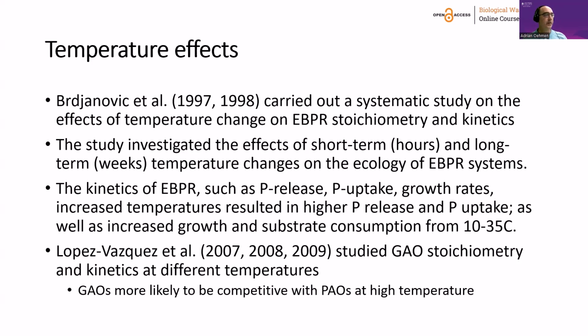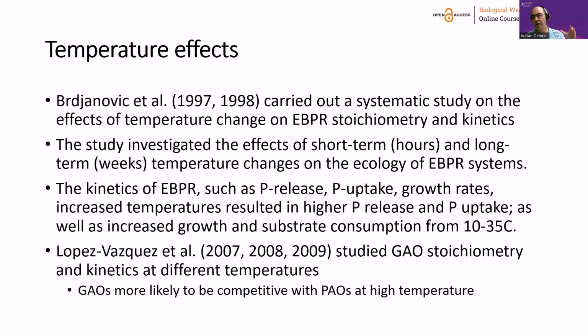So the work of Brdjanovic et al. also carried out some studies to look at the effects of temperature changes on EBPR stoichiometry and kinetics. So looking at short-term and long-term impacts. The short-term impacts are the immediate impacts on the stoichiometry and kinetics with short-term temperature change.